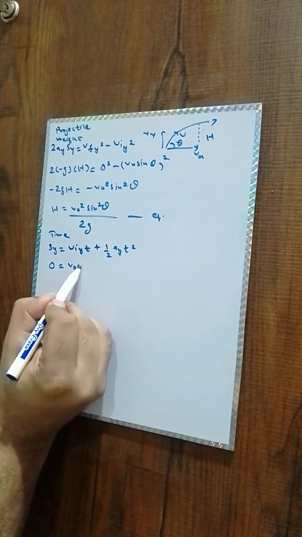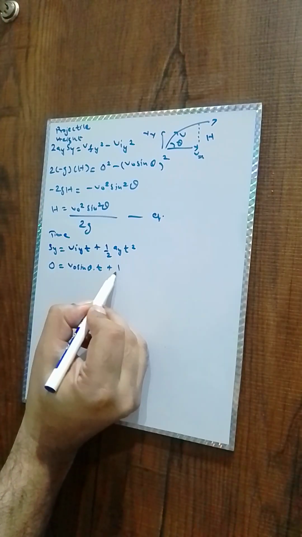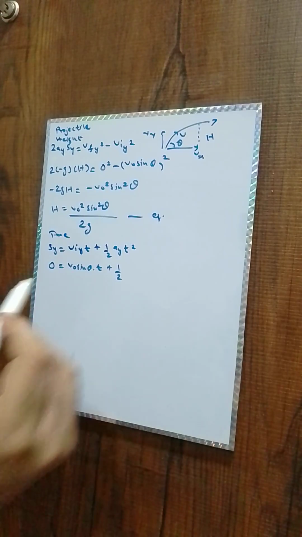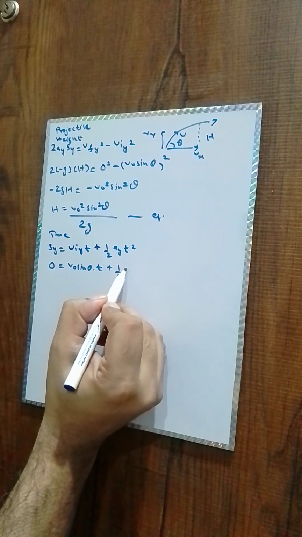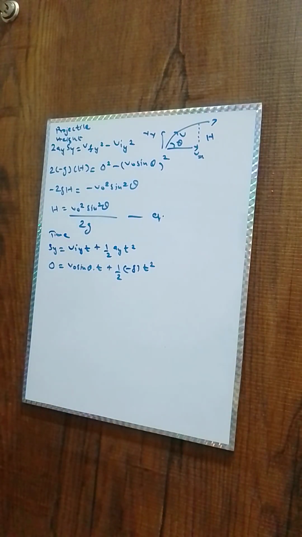So 0 is equal to v naught sine theta times t plus half, and the acceleration due to gravity in this case is minus g, basically from the start to the end, minus g times t squared.